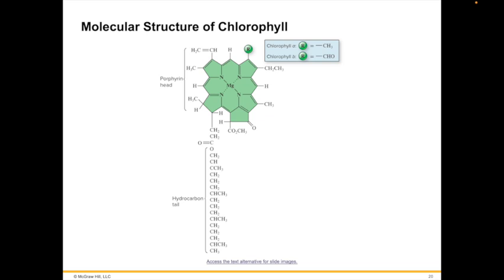Different side groups attached to the outside of the ring alter the absorption properties of different types of chlorophyll. The precise absorption spectrum is also influenced by the association of chlorophyll with different proteins. So you see there for chlorophyll A and chlorophyll B, how they differ.